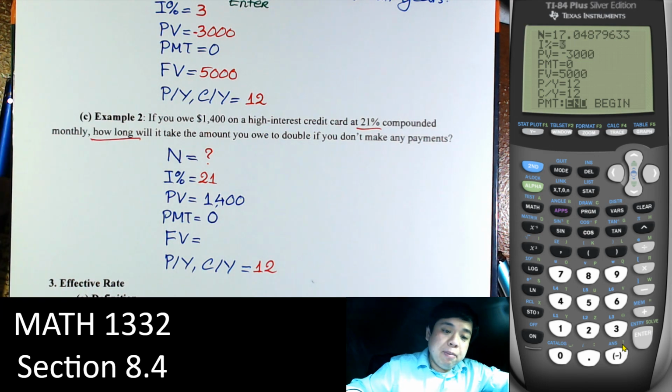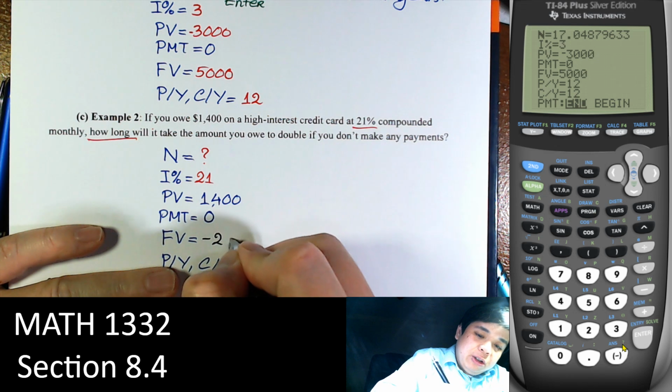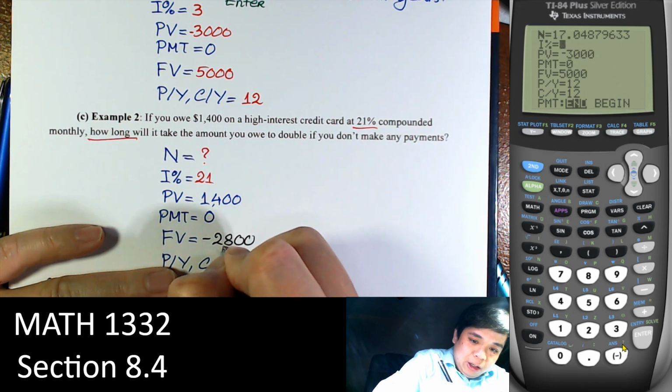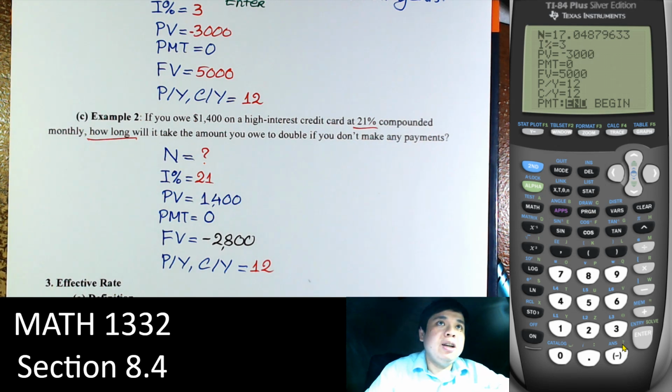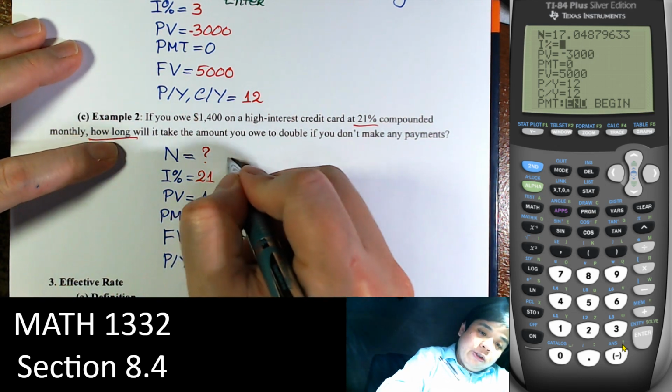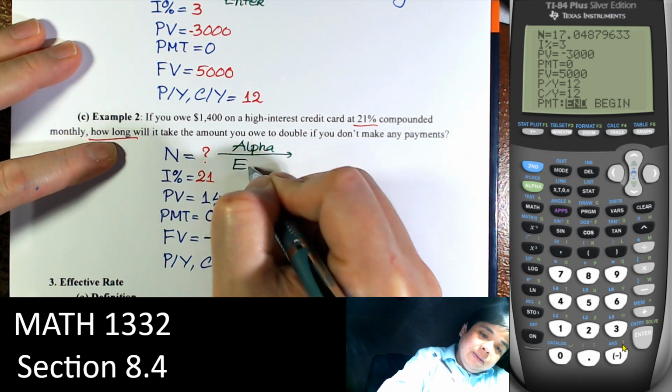So we have to pay it back 2,800 without any penalty. To pay back out of our pocket, that's the minus. Right, so we go back here and solve for N, so alpha, enter.